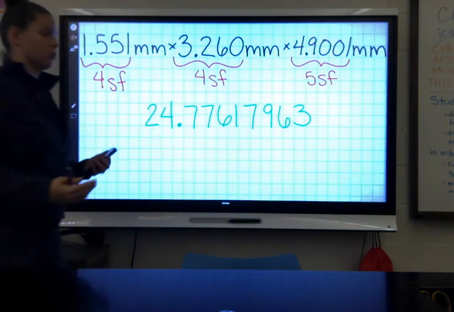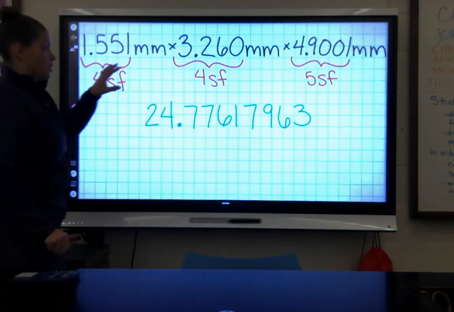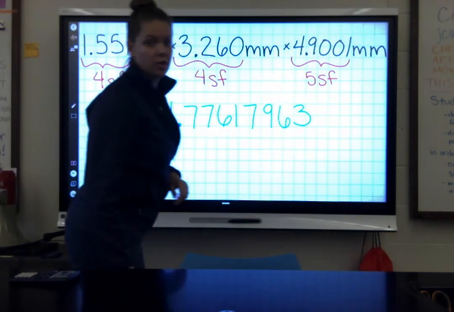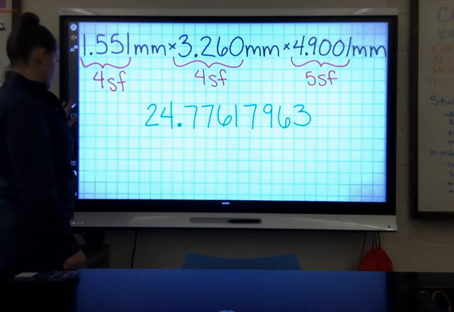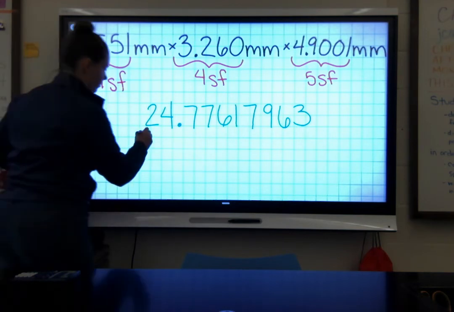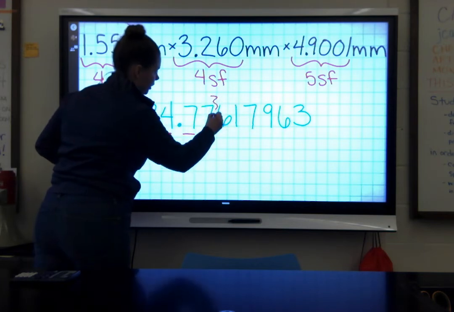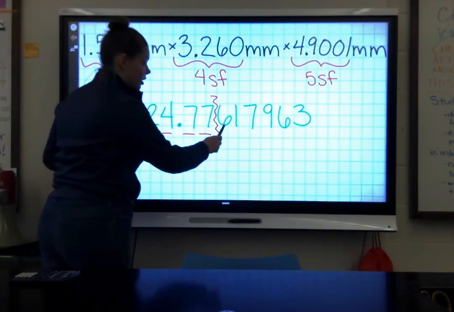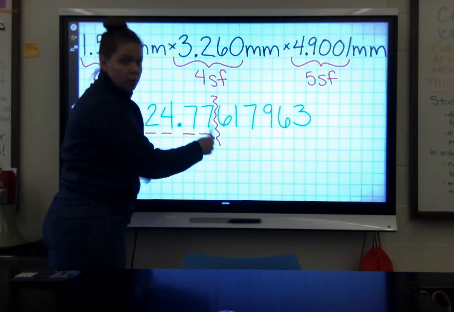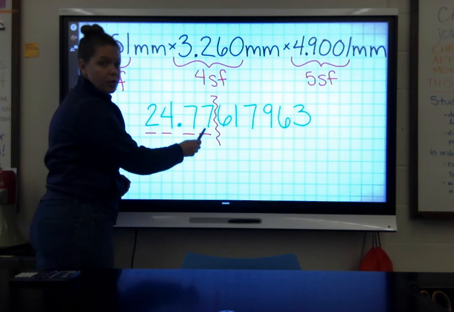All right, and now we're going to round according to our number of significant figures. Because 4 is my smallest number of significant figures from our original numbers, we can only have 4 significant figures in our answer. 1, 2, 3, 4. Cut it off after the 4th significant figure. This number is 5 or higher, so that means that the number before we cut off is going to bump up.